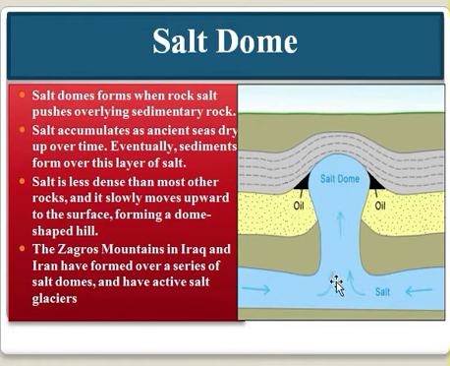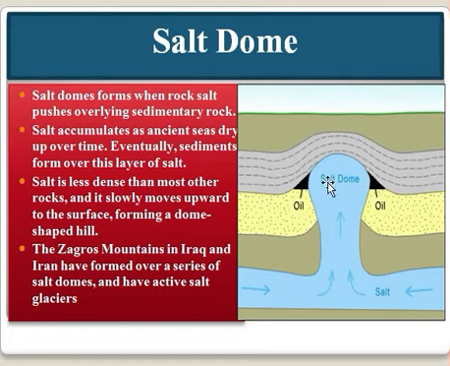Salt accumulated as an ancient sea dried up, and eventually sediments were deposited over this layer of salt. Salt is less dense than most other rocks, and it slowly moves upward to the surface, forming a dome shaped hill. So this is a dome shaped hill, a salt dome.